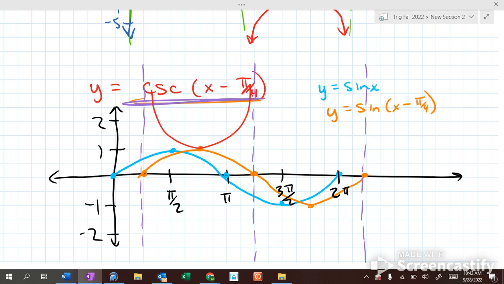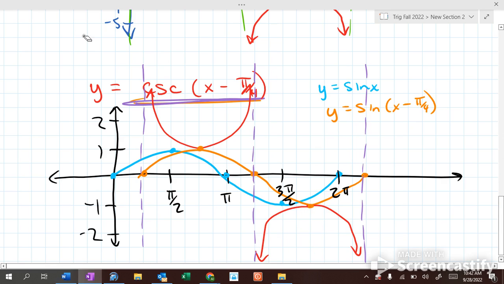Do my parabolas have to be perfect? No, they don't. Just as long as they go close to your asymptotes. I don't want parabolas to go like this. I don't want you to do that. That's sloppy. I don't like sloppy. You got to go close to your asymptotes. So you got to be like that.